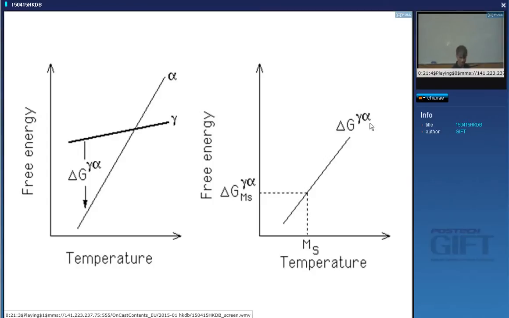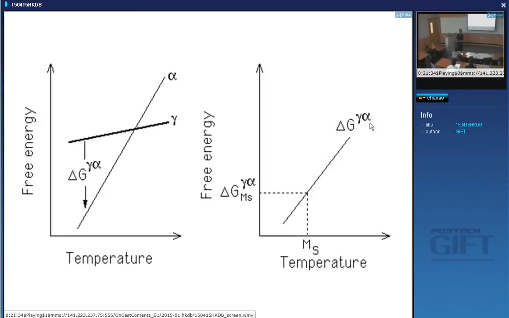Okay? Now, this curve you can calculate very easily as a function of any chemicals that you wish to add to steel, because you have Thermo-Calc and similar software, right? So you can easily calculate the driving force as a function of temperature. You work out when that driving force reaches 700 joules per mole, and that gives you the MS temperature.